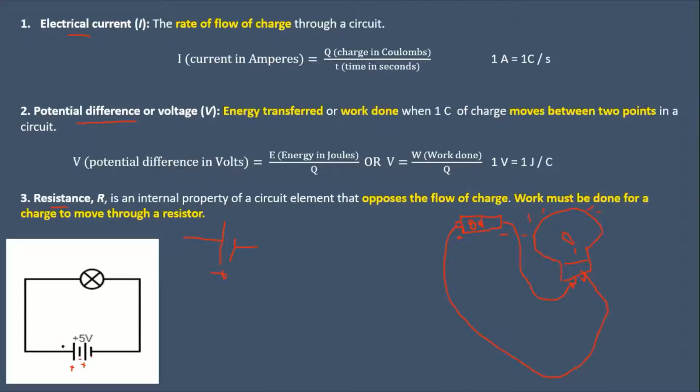So this will be the positive terminal of your battery, and this would be the negative terminal of your battery. And then a light bulb is represented by this symbol here, just a circle, and then you draw an X in it, X marks the spot.